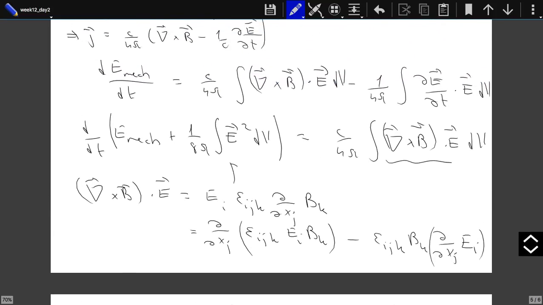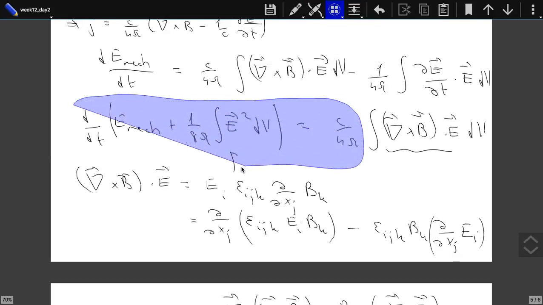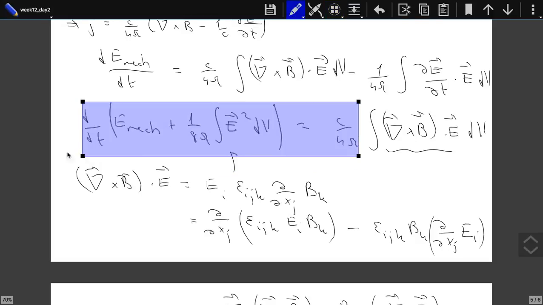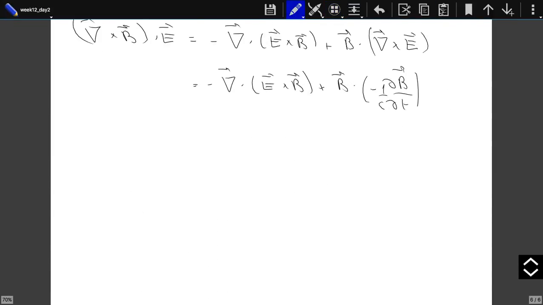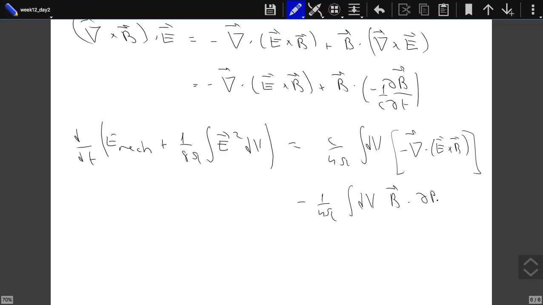Well, let's put it all back to here. Times the volume integral of this thing, which is minus the divergence of E cross B, plus or minus 1 over 4 pi B dot dB by dt.